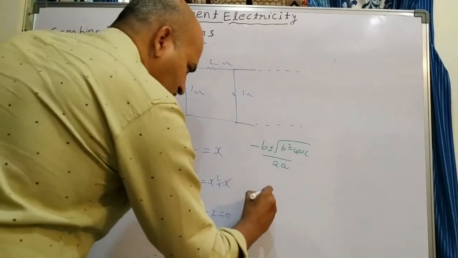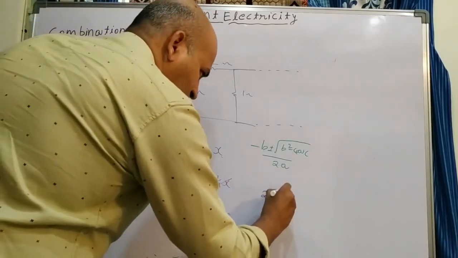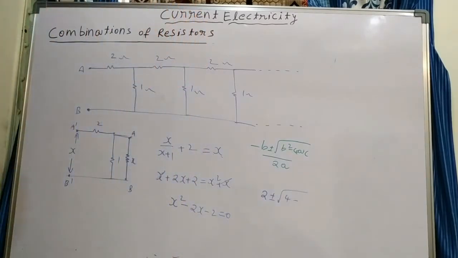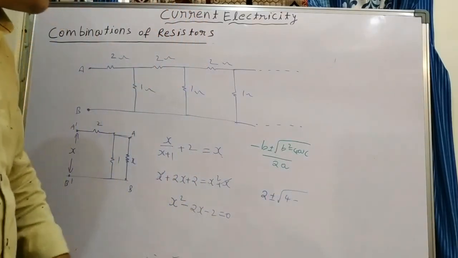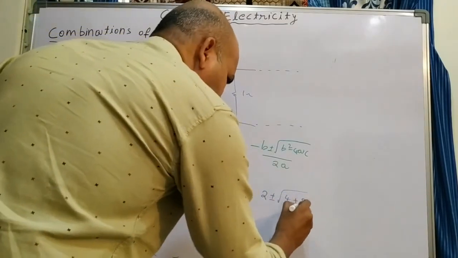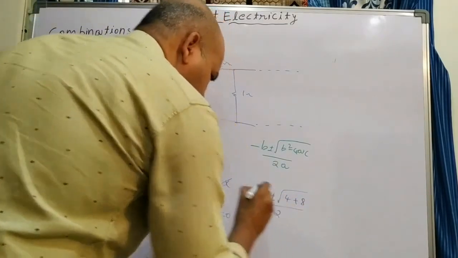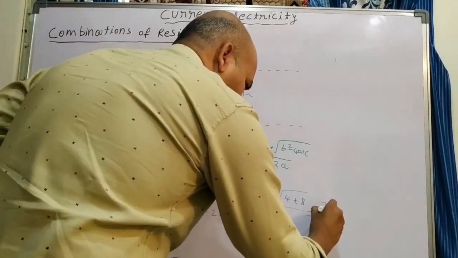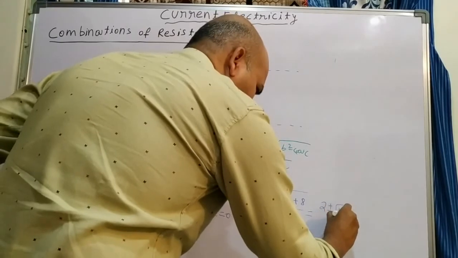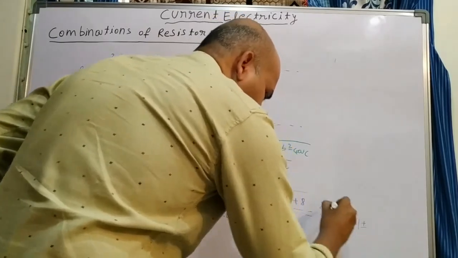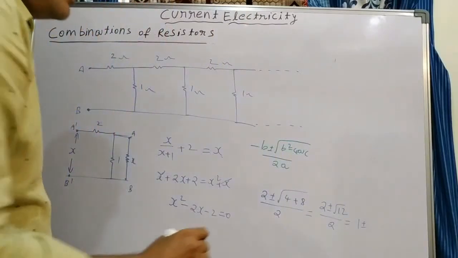Minus 2 is there, so it is plus 2, plus 2 square is 4, minus 4ac. So 4 into minus 2 is there, so it is 8, plus 8, by 2a, 2. That what you get? 2 plus or minus root 12 by 2. Nothing but you can write 1 plus or minus root 12, we can write as 2 root 3.